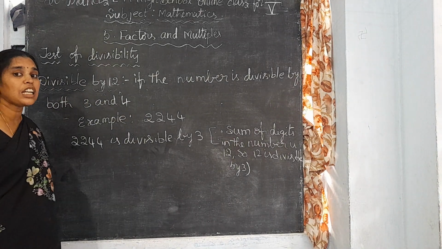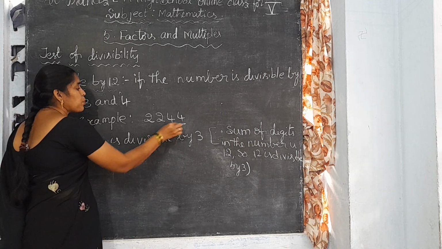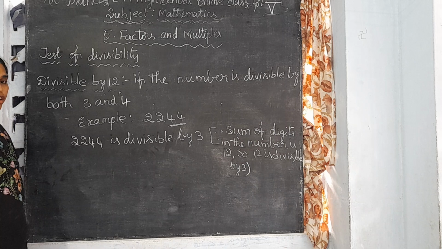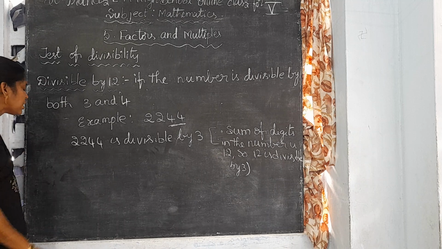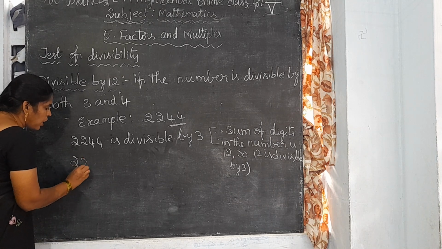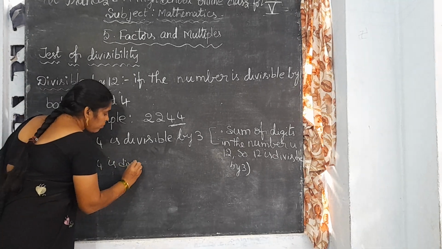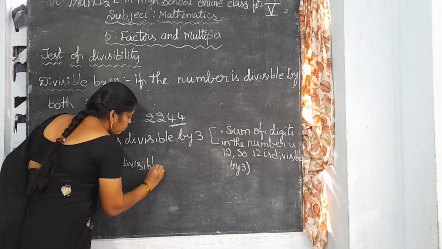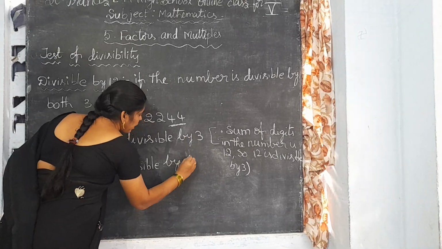Check the tens place and ones place digits. What are the tens place and ones place digits? 44. Is 44 divisible by 4? Yes, because 4 elevens are 44. So 2244 is divisible by 4.